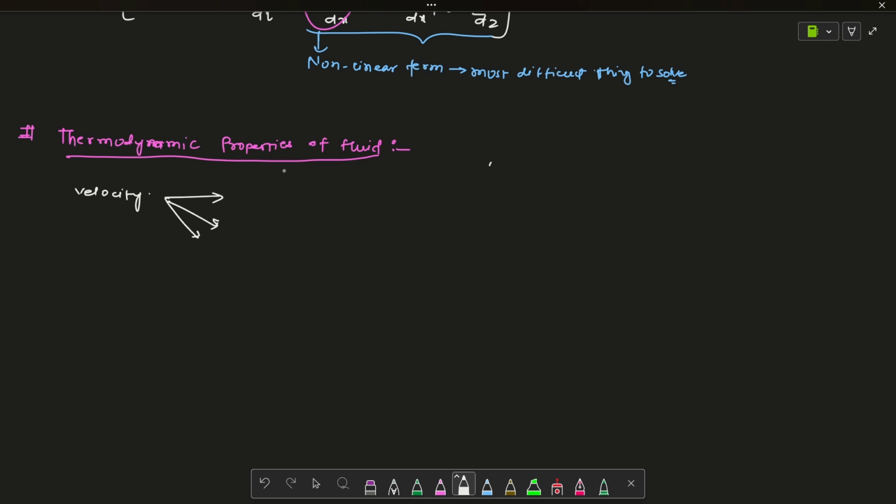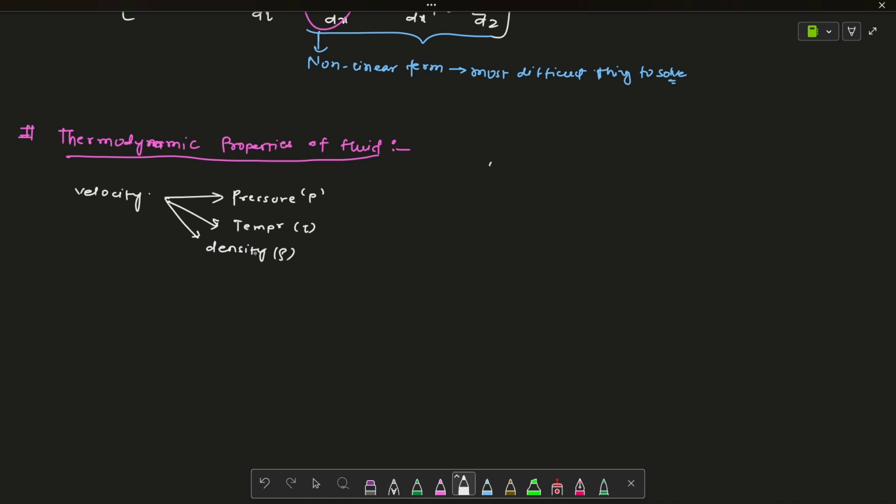The first ones are pressure, temperature, and density. These are the most important and the best friends of velocity.